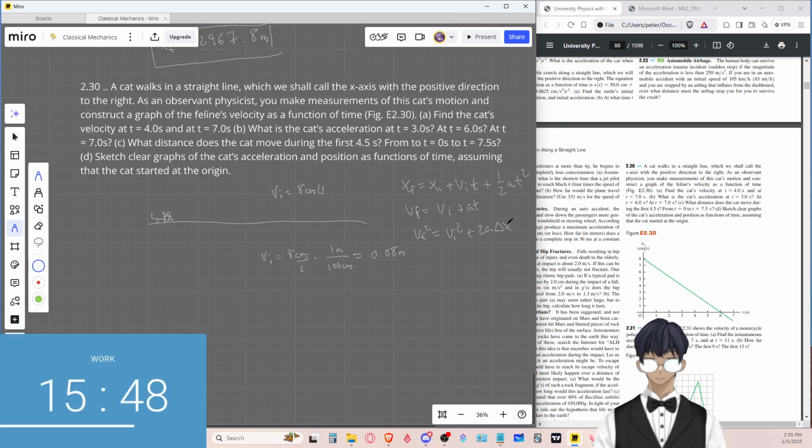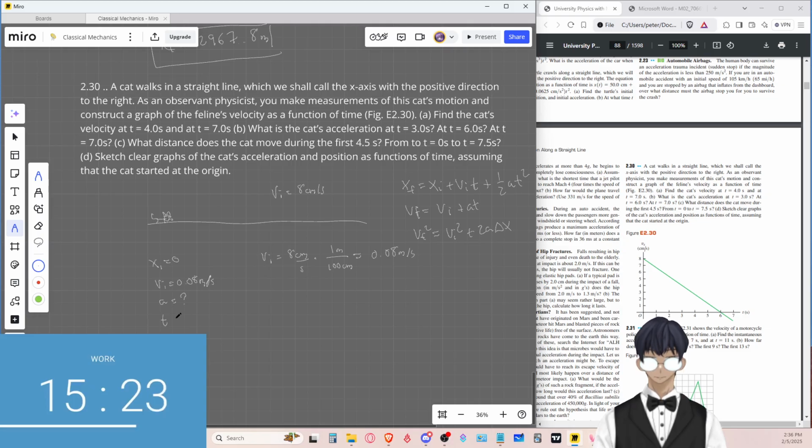We do know its initial placement, so it's at 0. The initial velocity is... I'll just rewrite it. We don't know its acceleration, so its acceleration is a question mark.